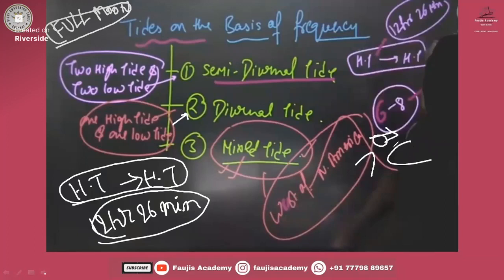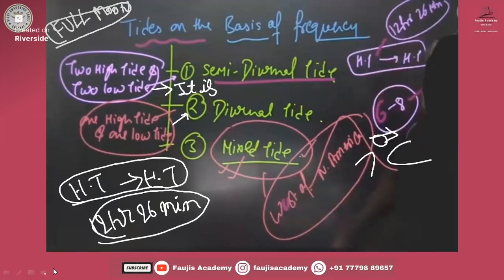Because of that we have many tide occurrences. So 2 high tides and 2 low tides happen if it is in one ocean, where no other ocean is nearby. And in west of North America we have 6 to 8 high tides and low tides. Why? Because 3 oceans are converging. So there we have 6 to 8 times in a day.